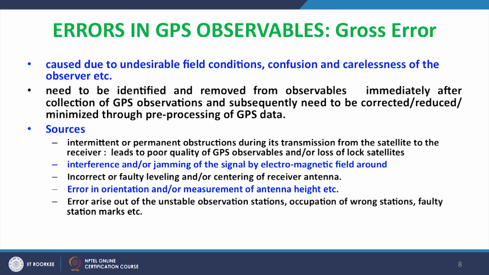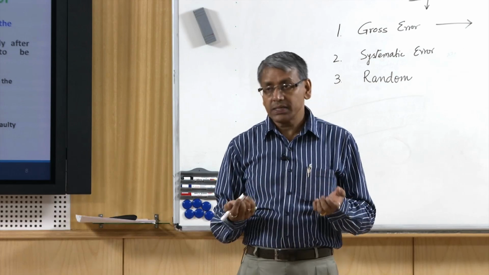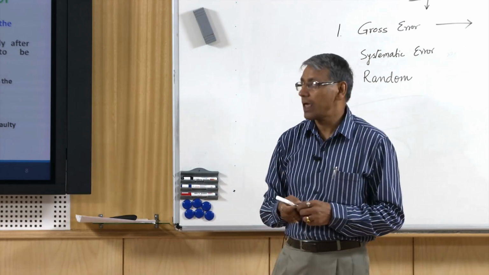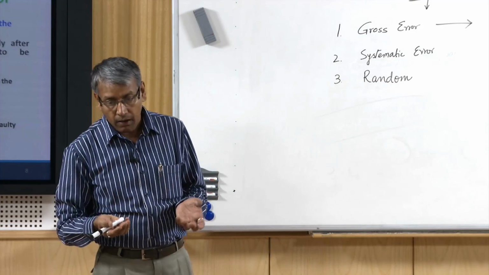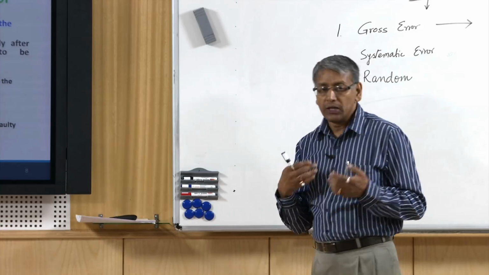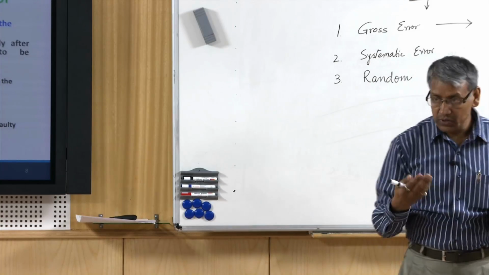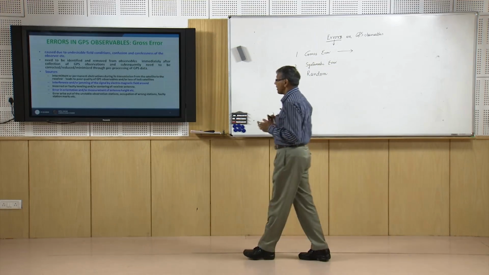Now, gross errors, or sometimes we say mistakes, are caused due to undesirable conditions, and they also depend on the persons taking the GPS data, or maybe due to some other reasons not seen by the observer.